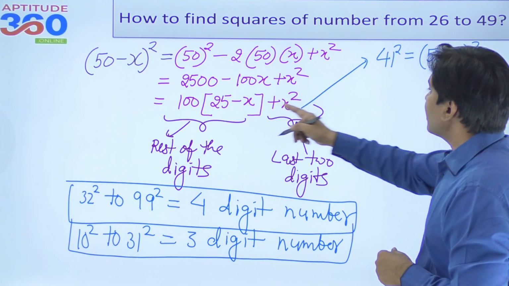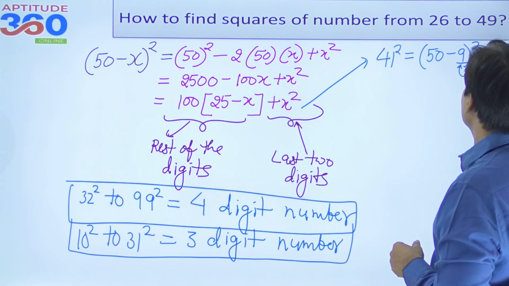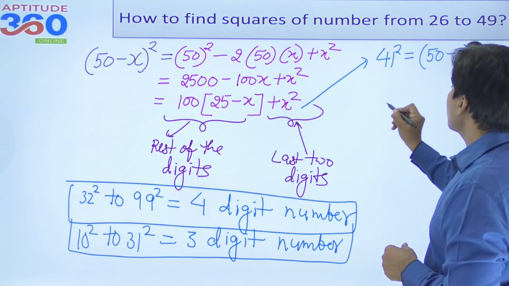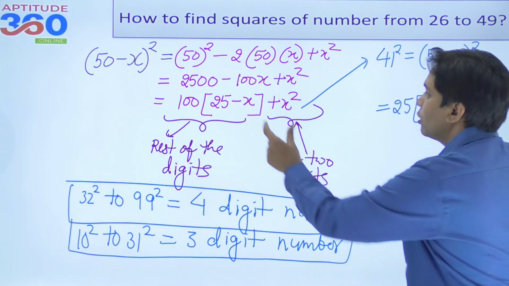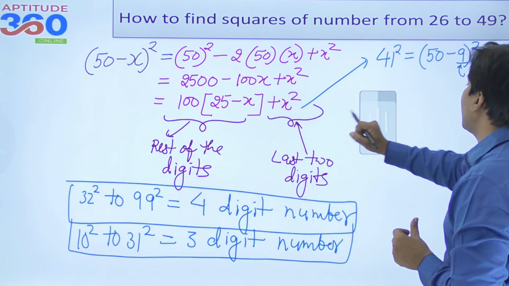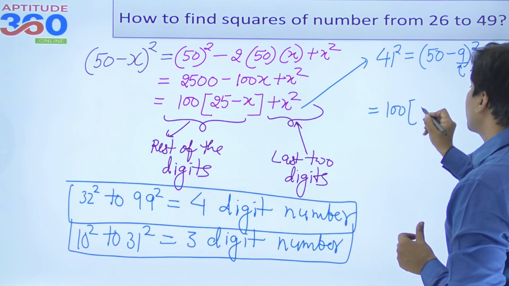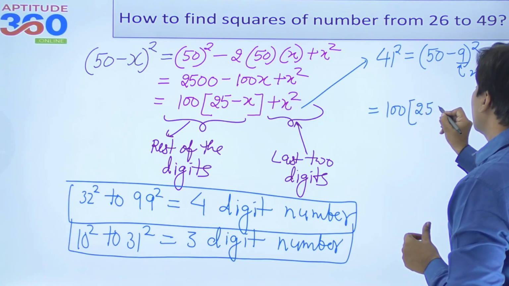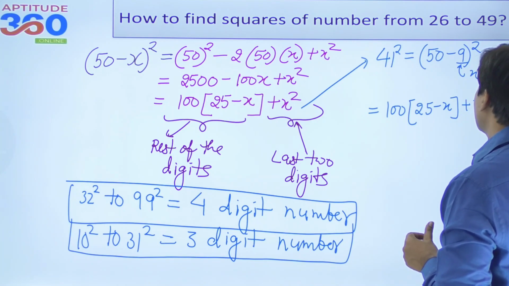And my x out here is 9, and I would be able to write 25. So I would be writing 100 times (25 negative x) plus x square. That is what it is.